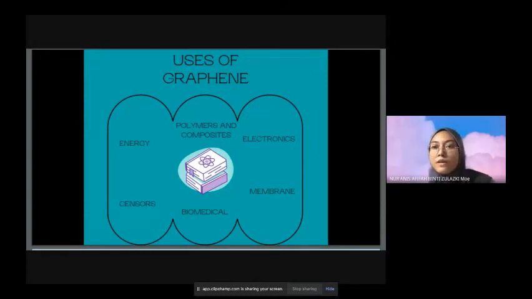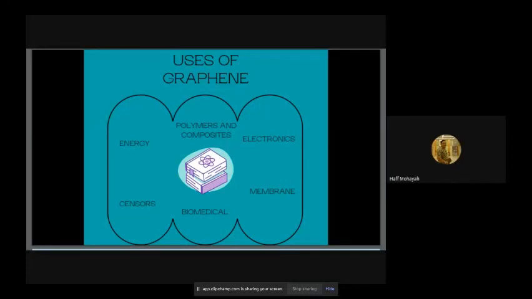An example of polymer and composite is graphene oxide used in the manufacture of vehicle tires. Next one is energy, where graphene can increase the energy storage capacity and the charge rate of lithium-ion batteries. As an example, lithium-ion batteries that use graphene polymers have a faster charging speed.